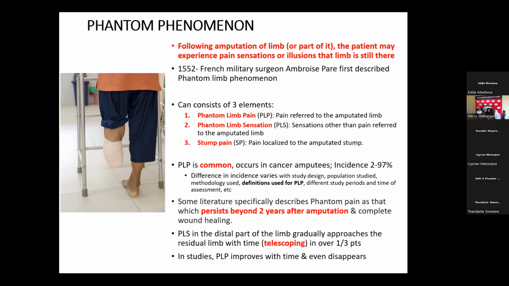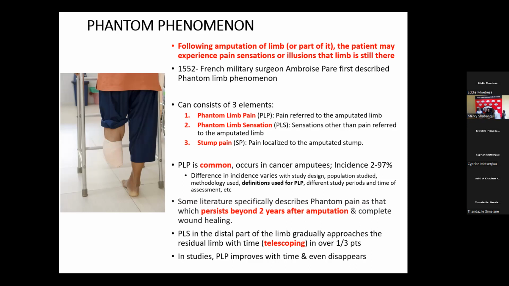Many patients talk about pain that seems to ascend. So maybe they have had an amputation above the knee, and they will talk about pain in the toes. And then when you ask them, they will be talking about pain that is now no longer in the toes, but seems to be in the ankle, in the calf.